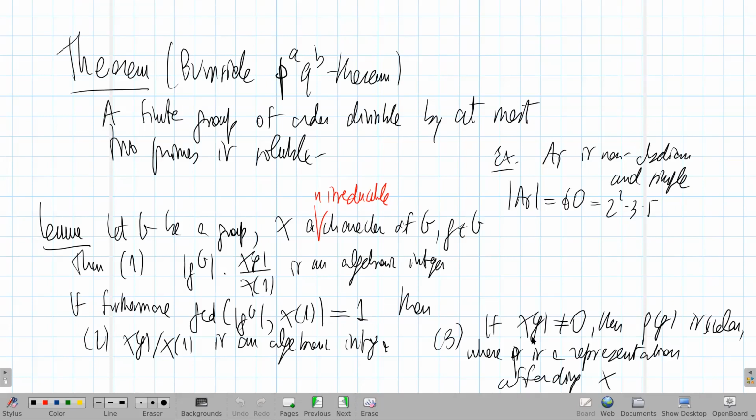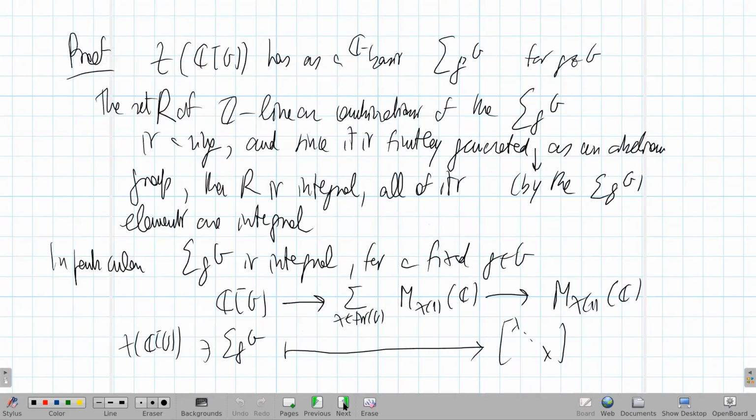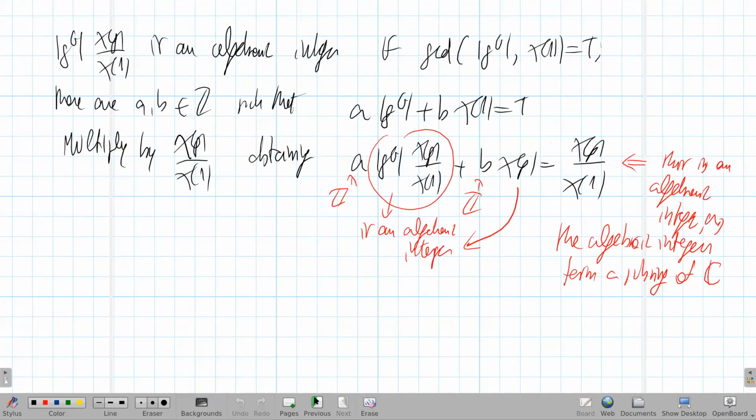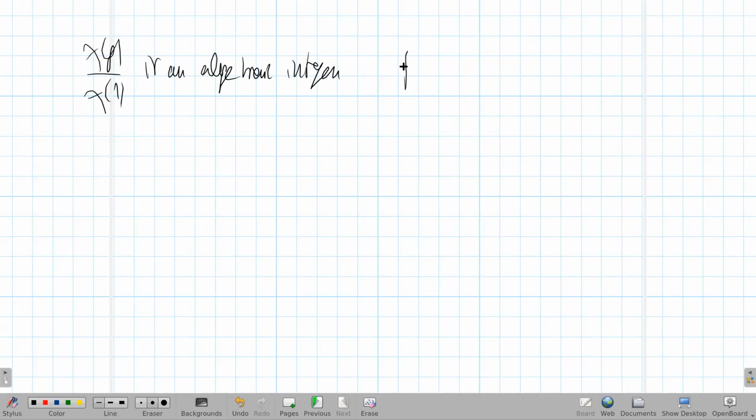And then we are left with proving that if the value of the character is different from 0, then ρ of G is scalar. Okay, and why is it so? It's the argument I was discussing just a second ago. So we know that chi of G over chi of 1 is an algebraic integer. Let's write down the argument I just explained in words. So suppose that ρ affords chi.